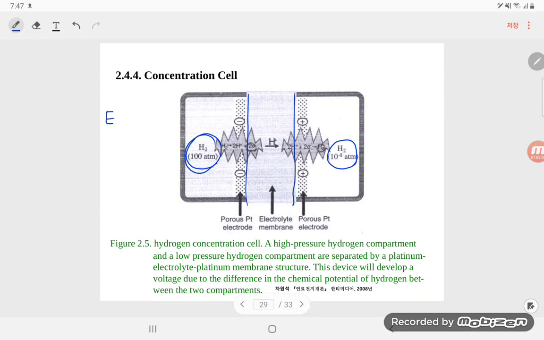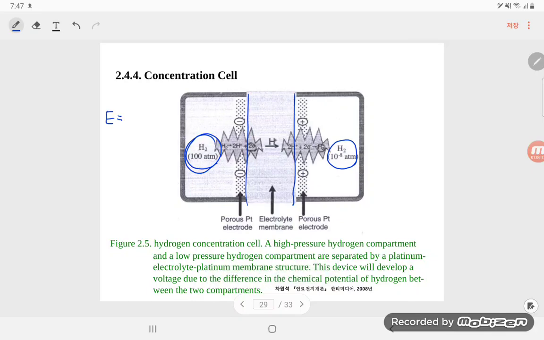They have the same chemical species, but the concentration is different. But what they said is we can make a voltage difference by using the different concentration.